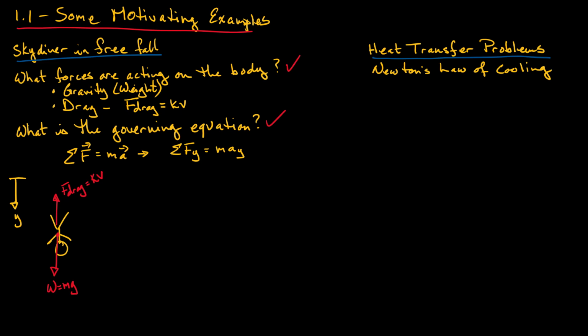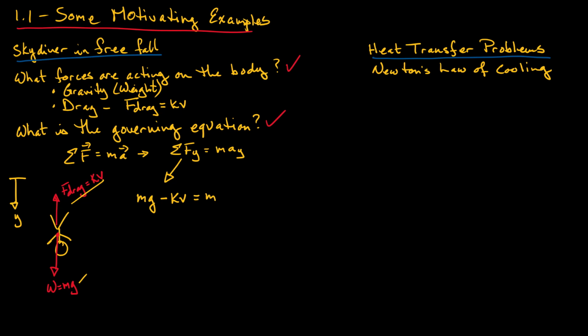So if y is positive downwards, then our Newton's second law will state that, well, we can see that the weight is acting downwards in the positive direction. So we have mg. And then the drag force is acting in the negative y direction. So minus kv. And that will be equal to the mass times the acceleration.